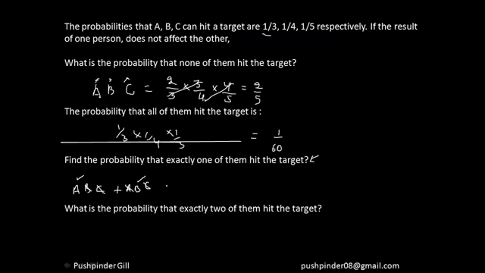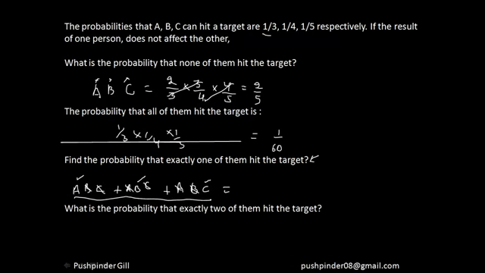So this is one case, plus A doesn't hit, B doesn't hit, but C hits. So these are the 3 cases. Now you understand, guys, whenever a case differs, we have to add, and within that particular case we have to multiply, right? So these are all the 3 cases. You find the probability and you're going to get the answer.